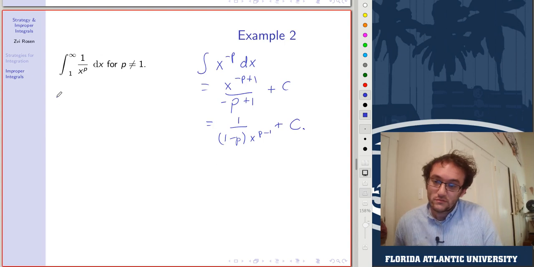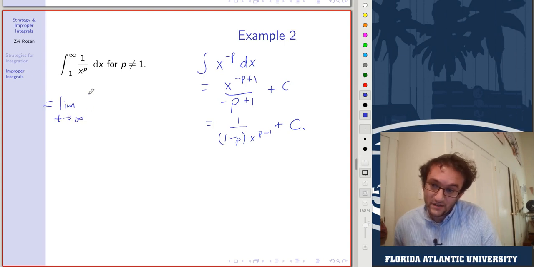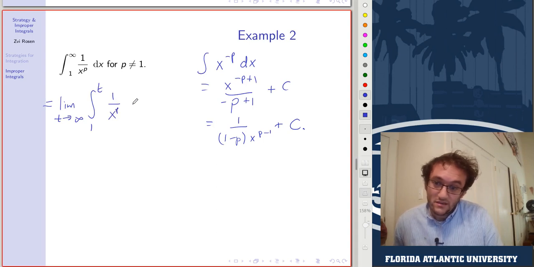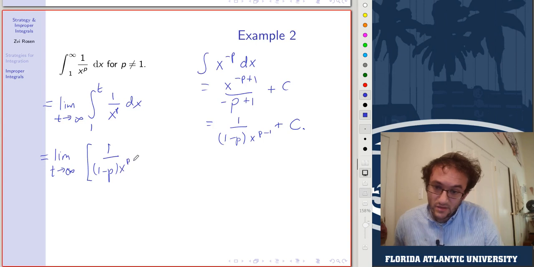So let's compute this as a limit, as we did in the last problem. We're writing the limit as t goes to infinity of the integral from 1 to t of 1 over x to the p dx. And as we just computed on the right-hand side, that's given by the limit as t goes to infinity of 1 over 1 minus p times x to the p minus 1.